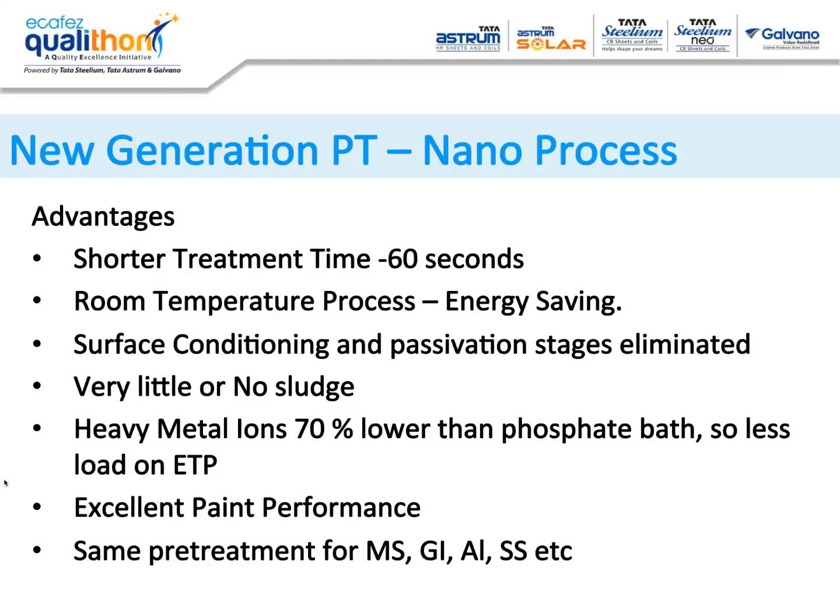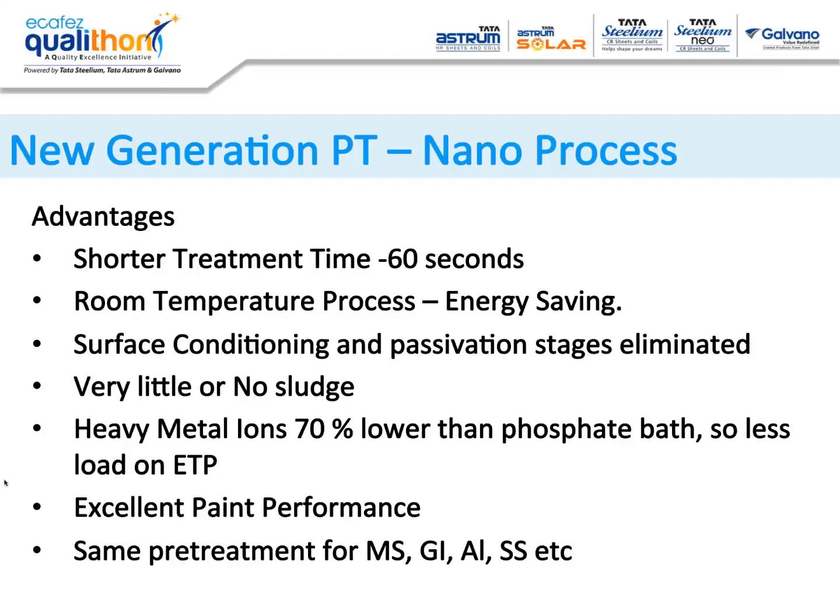And the advantages are written here. One is the very short treatment time, only 60 seconds. This is a room temperature process. Now, one thing is that you have a large thickness range, 50 to 200 nanometers, compared to phosphate which is 2 to 5 microns.